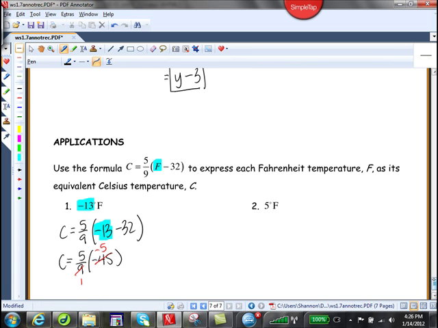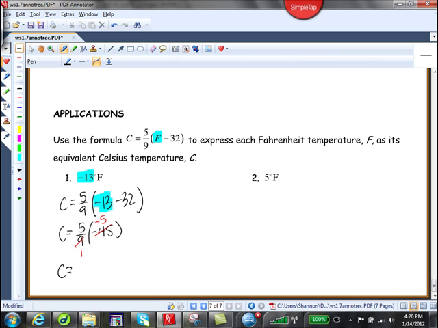So at the end of the day, we get C is negative 25. Alright, so negative 13 degrees Fahrenheit is negative 25 degrees Celsius.